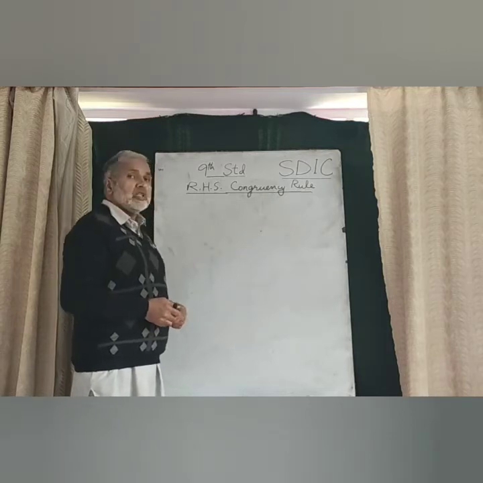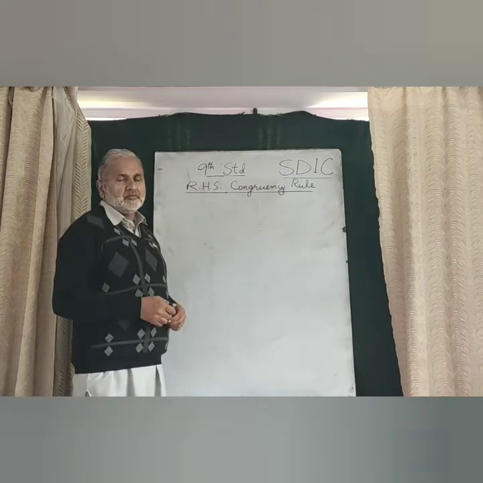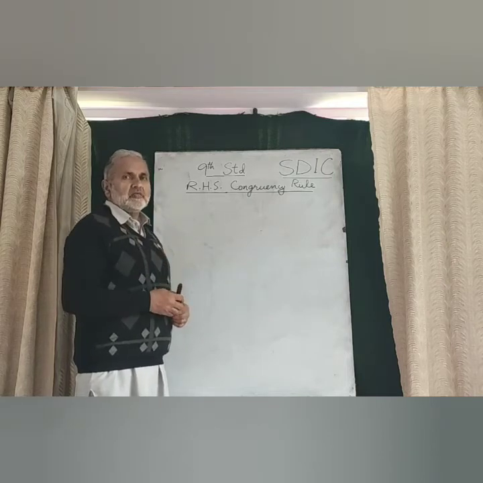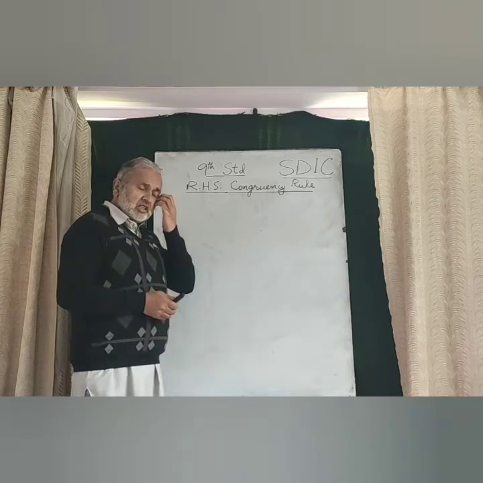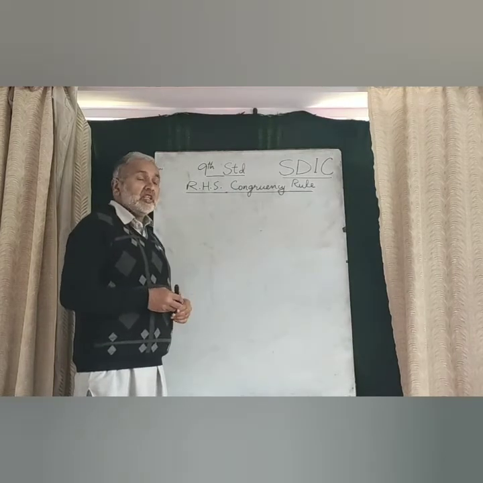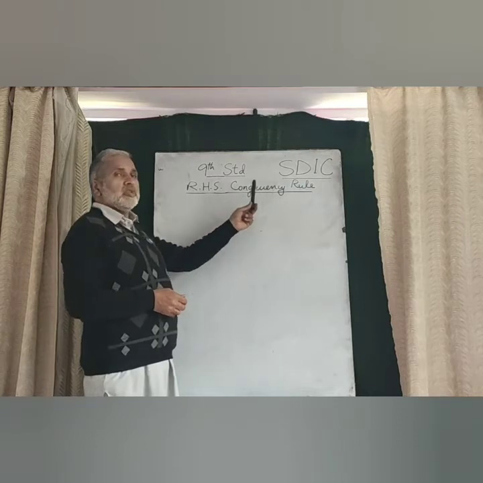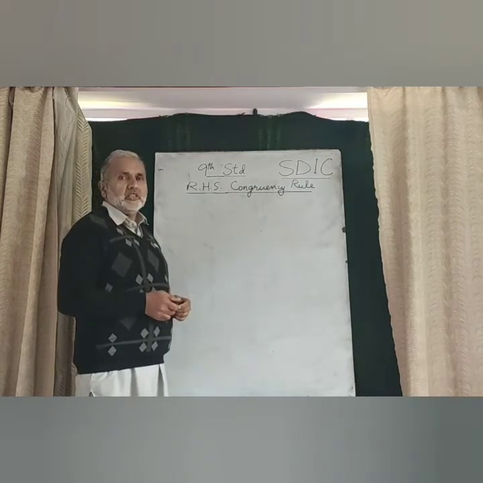By hypotenuse we mean the side opposite to the 90-degree angle. A triangle is called a right triangle if one angle is 90. In that right triangle, the side opposite to the 90-degree angle is called the hypotenuse. The hypotenuse of one triangle should be equal to the hypotenuse of another triangle.